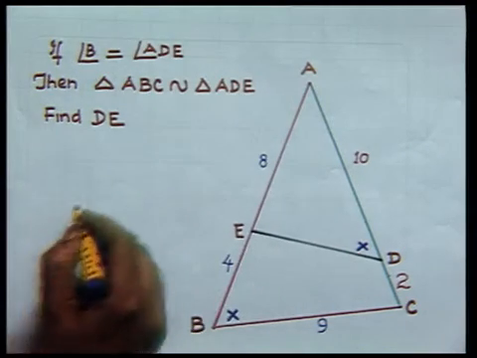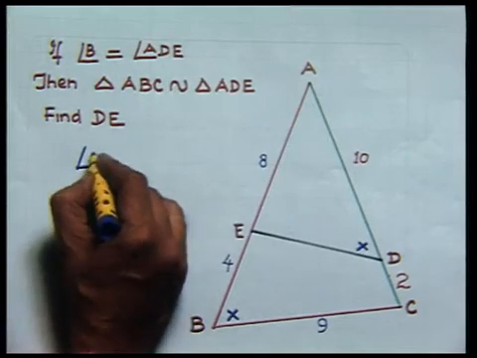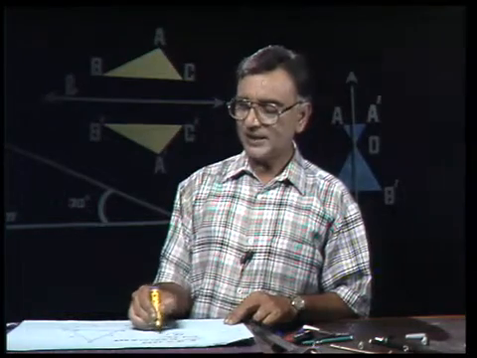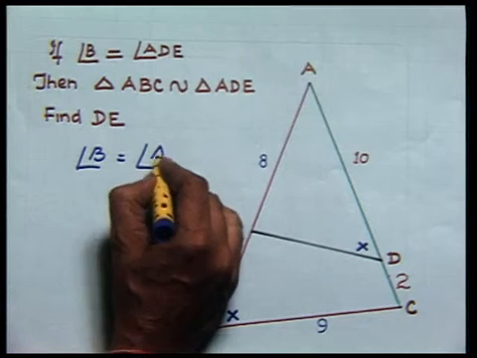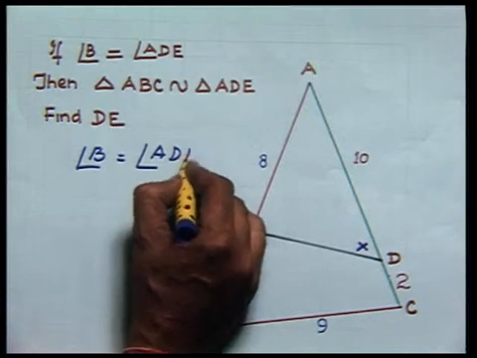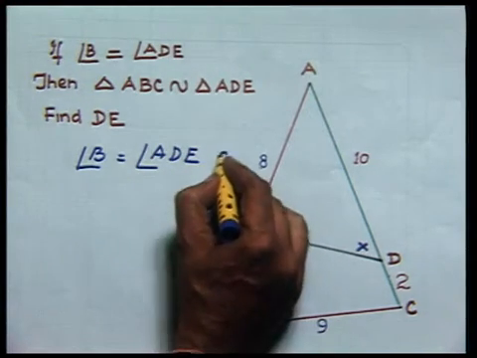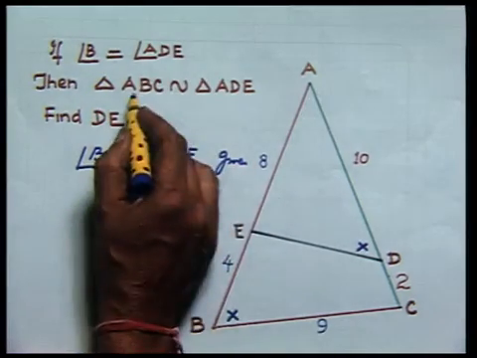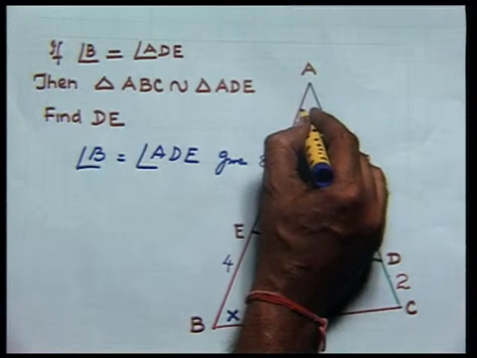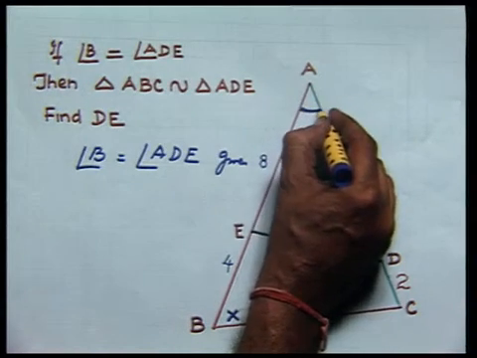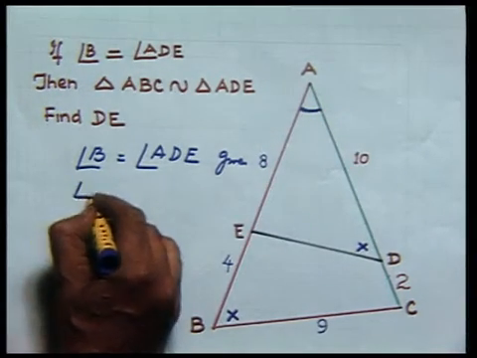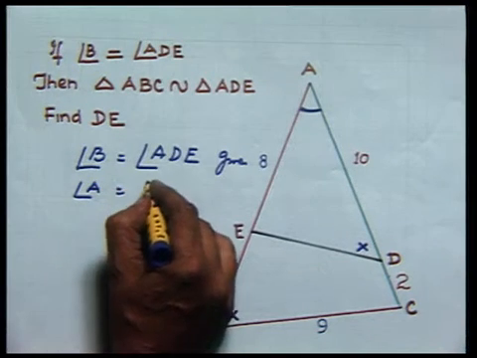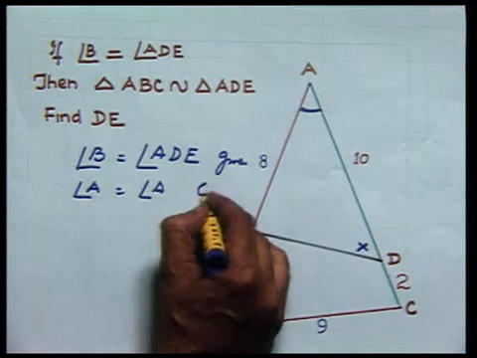You can see here that angle B is equal to angle ADE. This was already given to us, and in the two triangles ABC and ADE, this angle is common to both, that is angle A is equal to angle A, which is common to both.